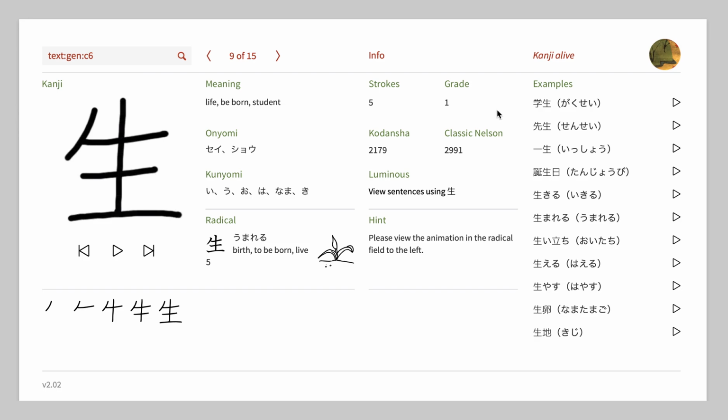A couple we already know. We know gakusei as a student. Sensei is a teacher. Issho, one's whole life. So literally one life. Tanjobi is a birthday. So it's the date on which you arrived at birth.